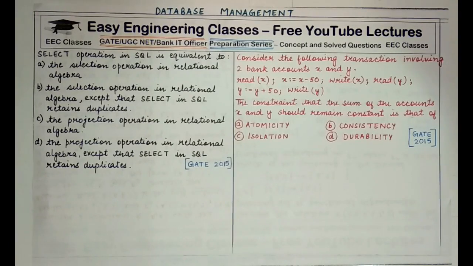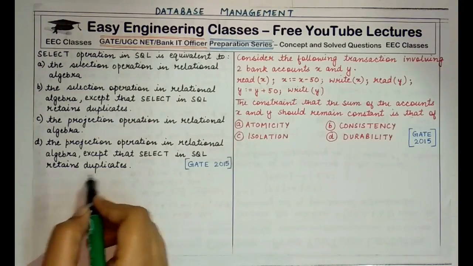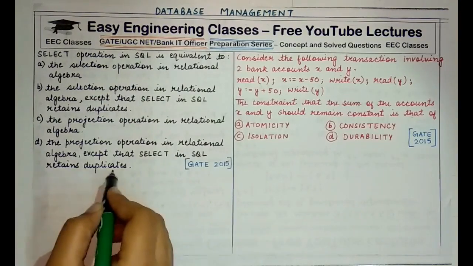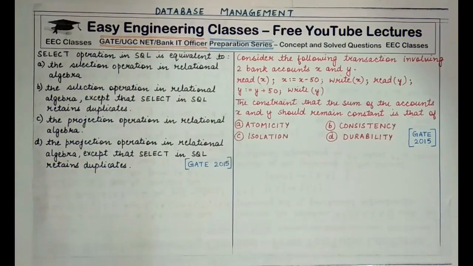Rather, only a single row representing all those rows would be present. But the select operator in SQL retains duplicates, and it does not eliminate multiple occurrences.